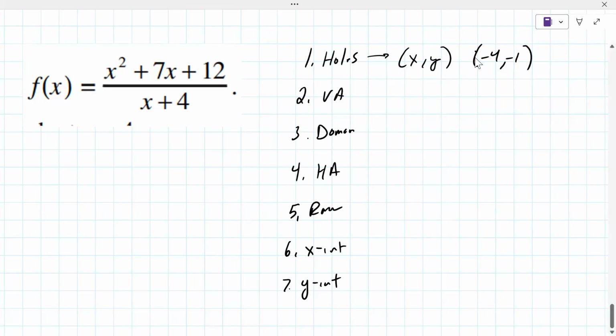And it breaks up the domain and the range as well. Very good. Are there any vertical asymptotes? Yeah, it's x equals -4. Well, there can't be both a hole and an asymptote at the same place. So there isn't one. There is none. Remember it cancels this out. So it becomes just x plus 3.